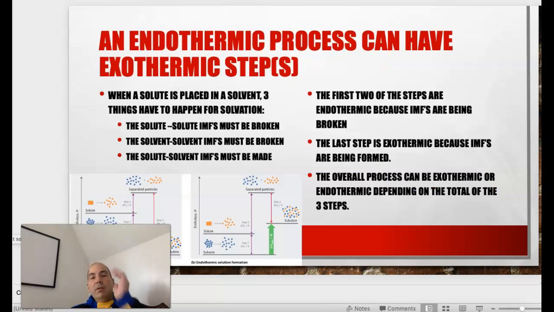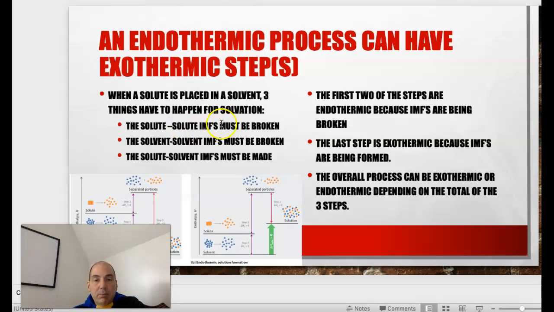Okay, we have to recognize that there's three things that go on when we make a solution. First off, I have to take the solute intermolecular forces and break them up. I have to take the solvent-solvent intermolecular forces and break them up. I have to then take the solute and solvent and make new IMFs between them. So I have to connect those things together.